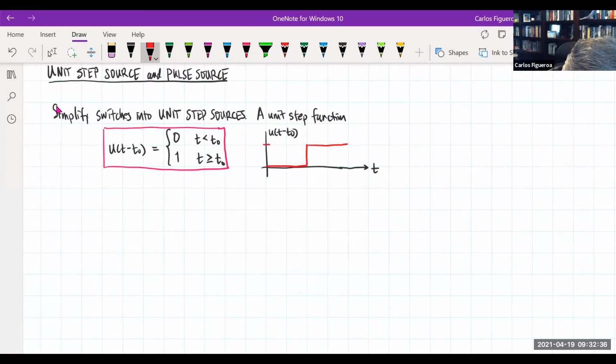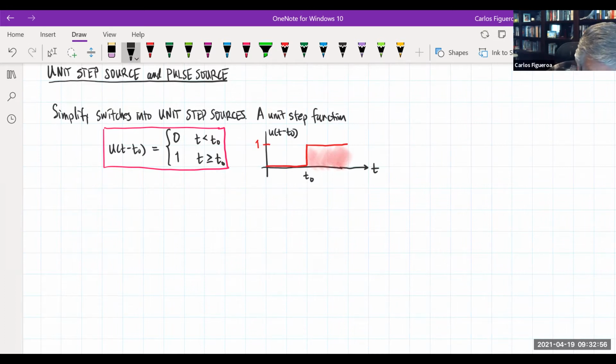This value here is a value of 1, and it turns on at t equal to t naught. So after this, we have a unit step function.